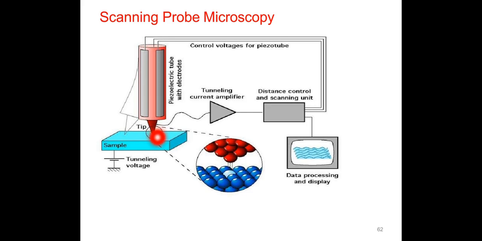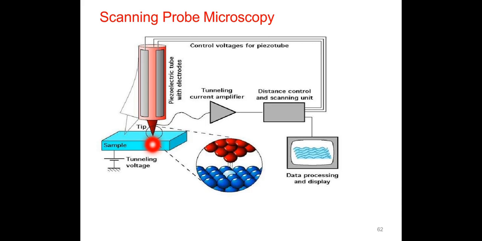And why is it known as scanning probe microscopy? Because this probe we move on the surface of the object continuously, back and forth, back and forth. Now the specimen location is here. You see the probe touches the specimen at this position.